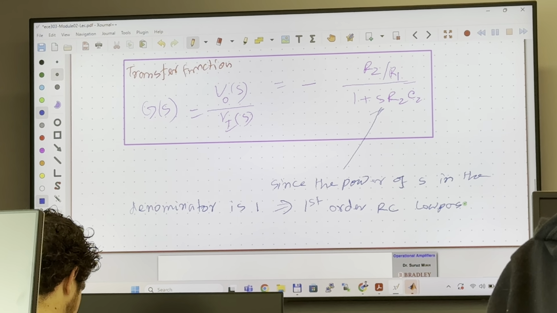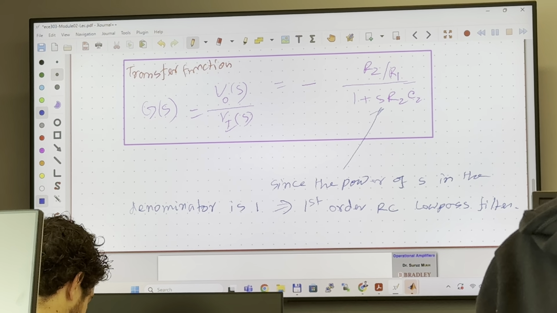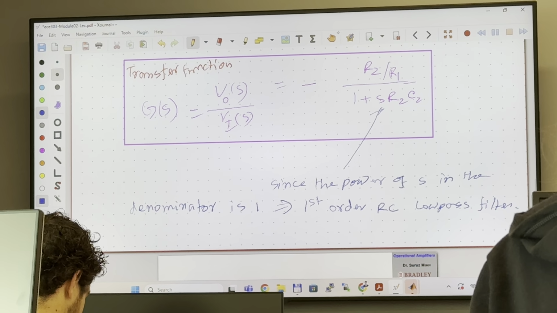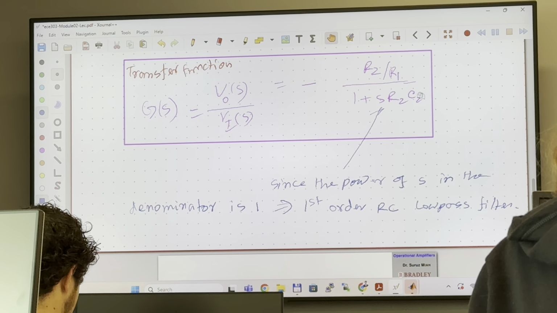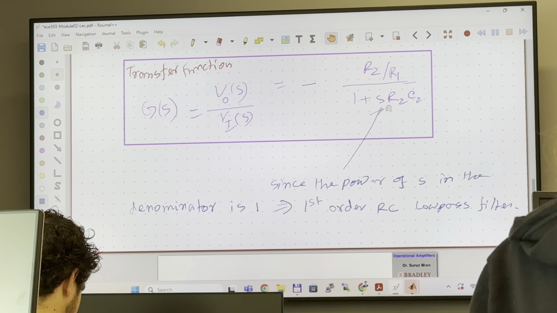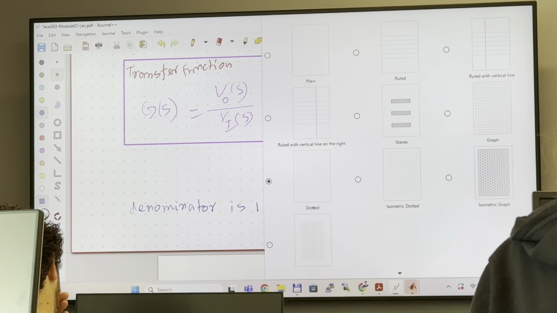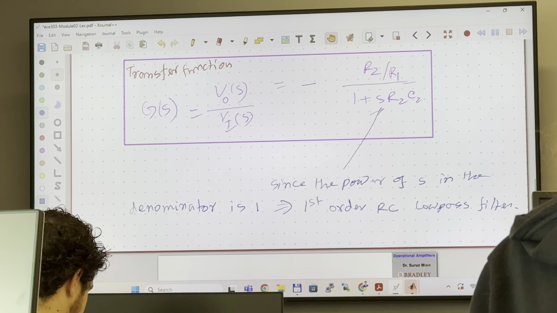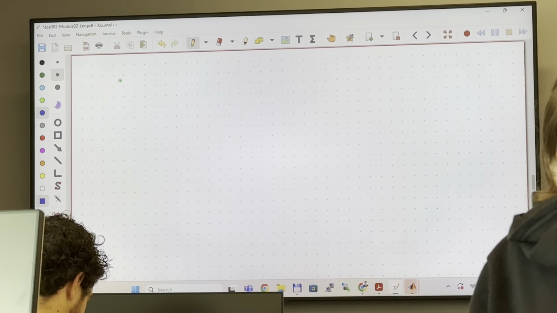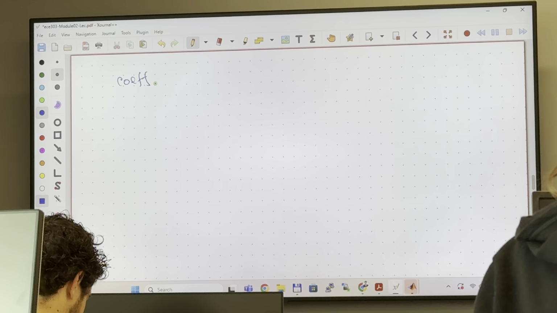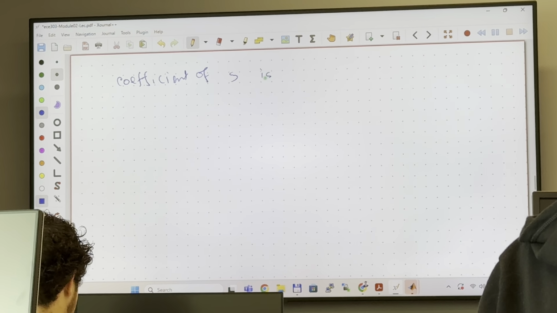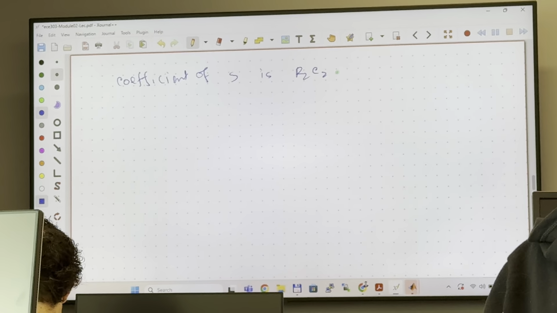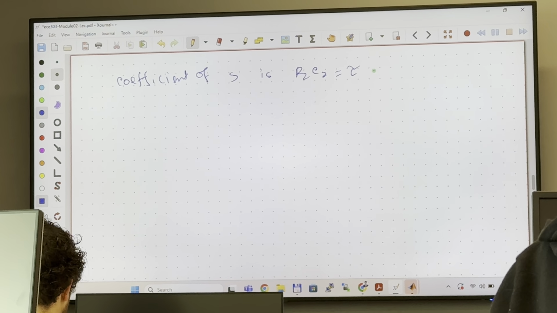We did that in chapter 1, low pass filter. And the coefficient of S is R2 C2, which is basically tau, the time constant.